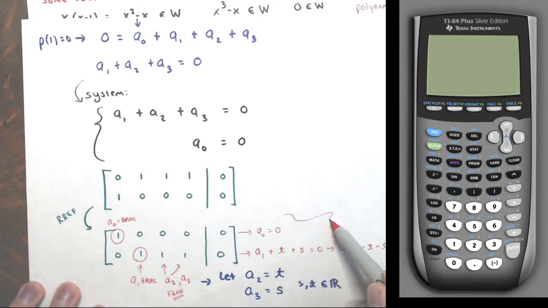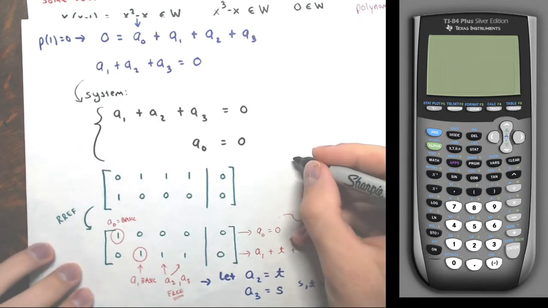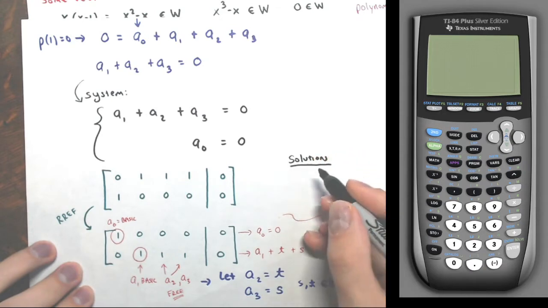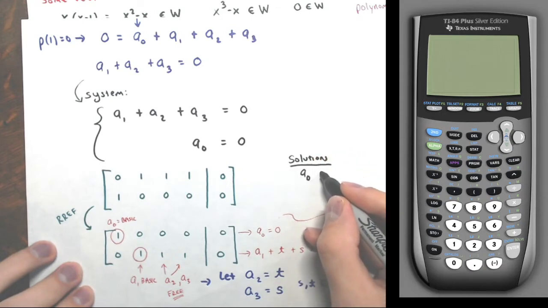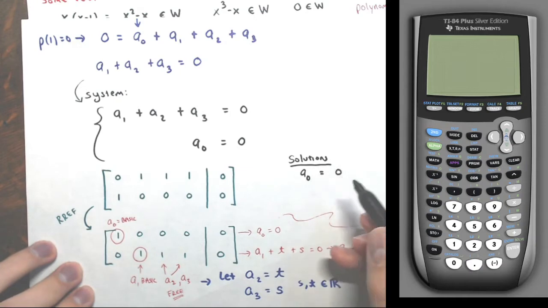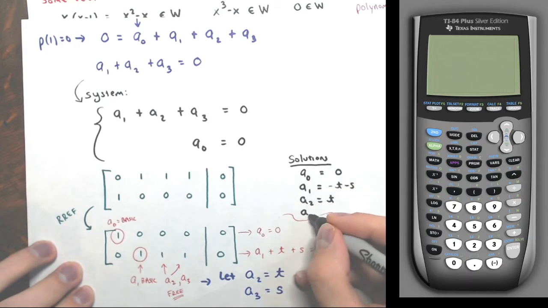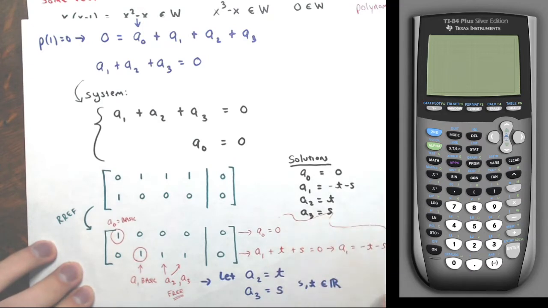Putting this all together, the solutions of this system look like this. a0 is 0, a1 is negative t minus s, a2 is t, a3 is s, and maybe I should have put those in the other order, but sorry about that.